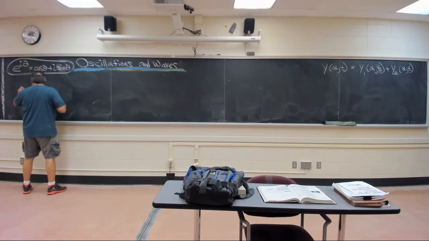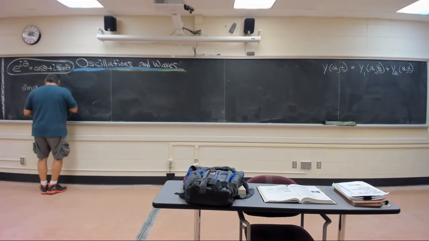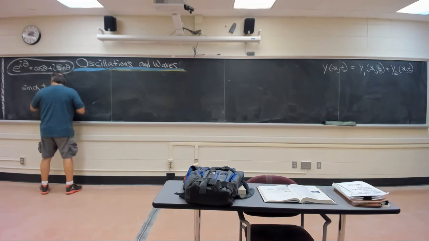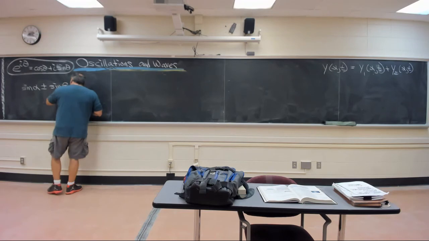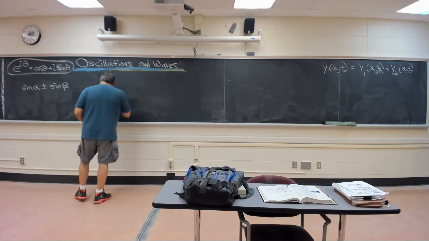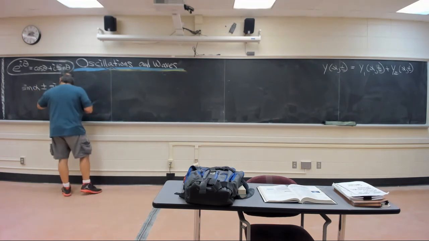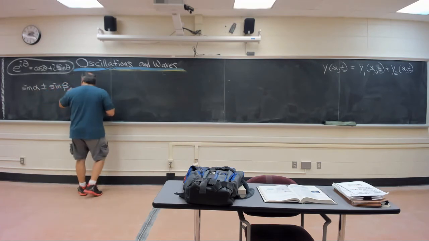Let's talk about some results. I've already talked to you about this particular entity, sine alpha plus sine beta. Let's say you were adding two different sine functions, or the same sine function but with a different argument. The alpha and the beta are two different things.